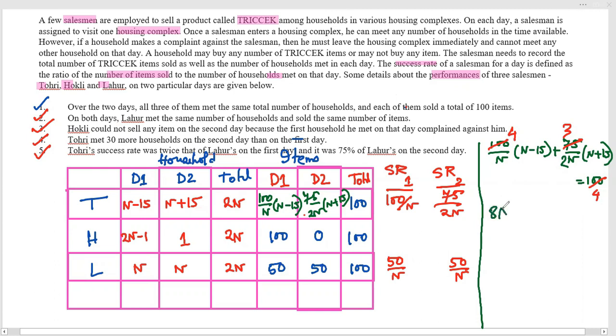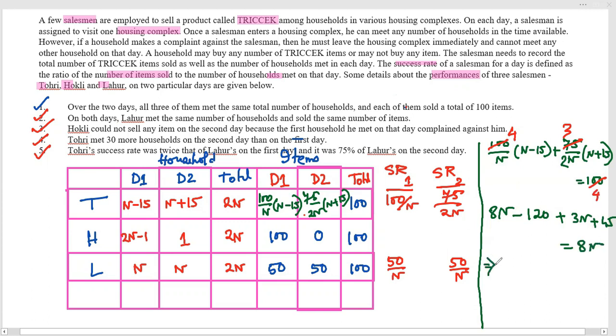So 8n minus 8 into 15, 120, plus 3n plus 45, which is equal to 4 multiplied by 2n, that means 8n.